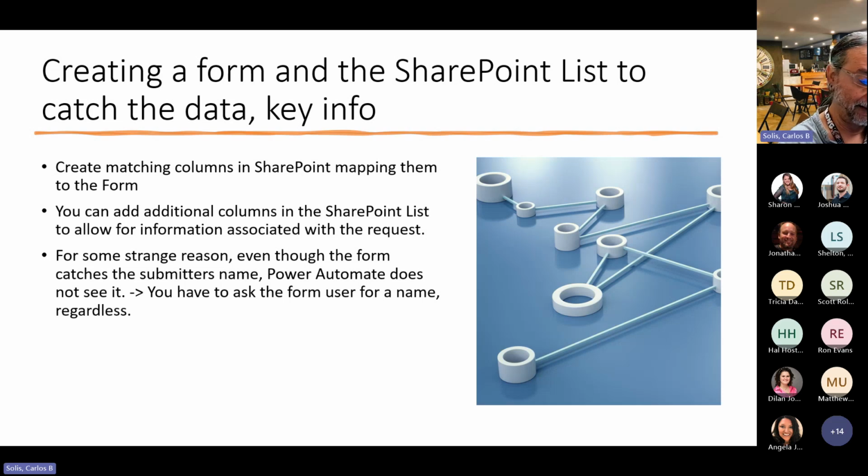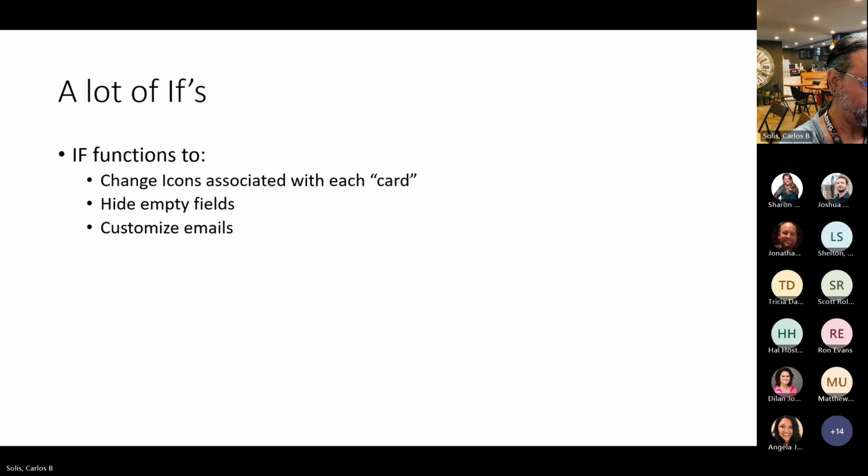I don't know why, but I've tried this 20 different times and it doesn't work. So you have to still ask the user to enter their name. And we will see how we use a lot of if functions to take care of the process.